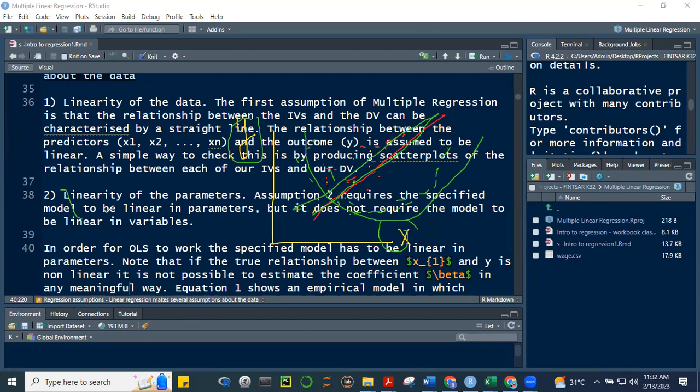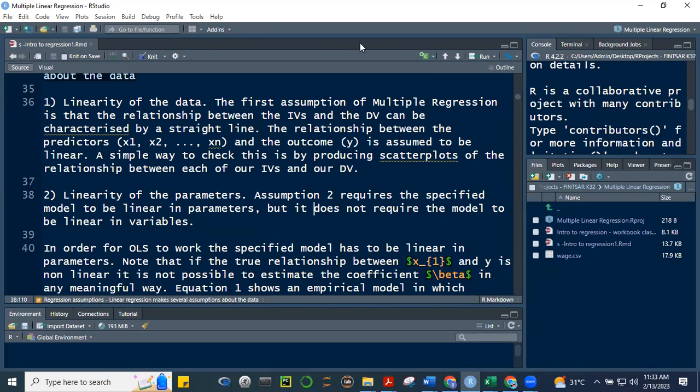Otherwise, if we have a polynomial relationship, then the multiple linear regression will violate the first assumption, linearity of the data, and that will make your model unfit. We cannot use multiple linear regression if the relationship between your y, your dependent variable or outcome variable, and your x, your independent variable or predictor variables, is not linear.